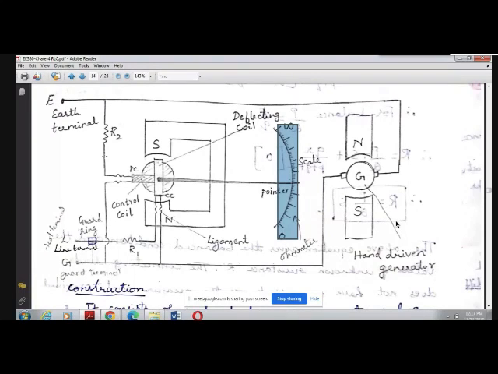You are going to rotate this generator handle. Once you keep rotating this generator handle, keeping these two terminals open circuited, a large current flows through the potential coil here, and no current flows through the current coil. So the pointer will show deflection towards infinity.